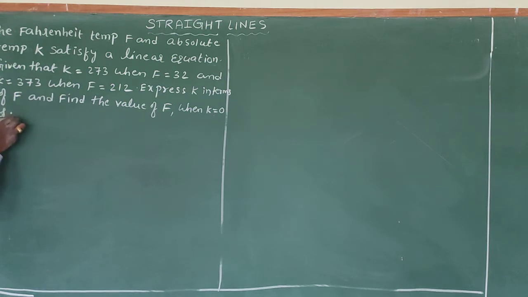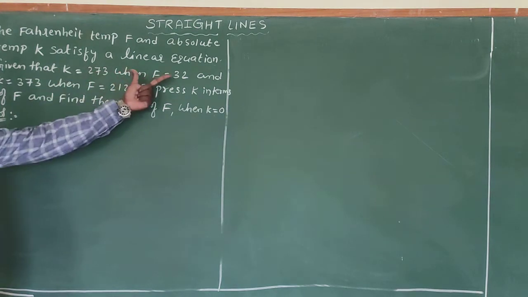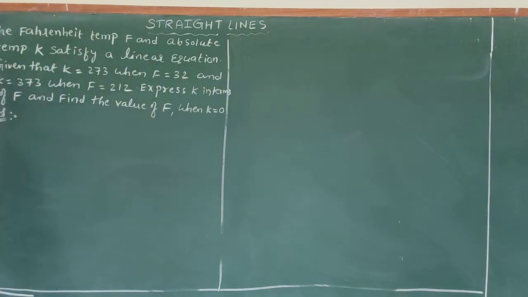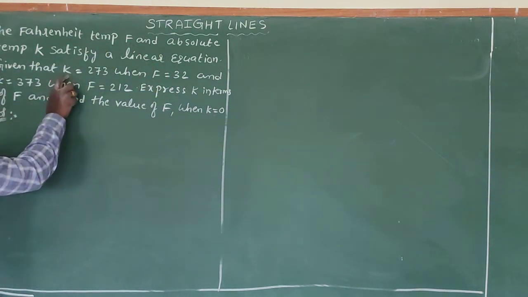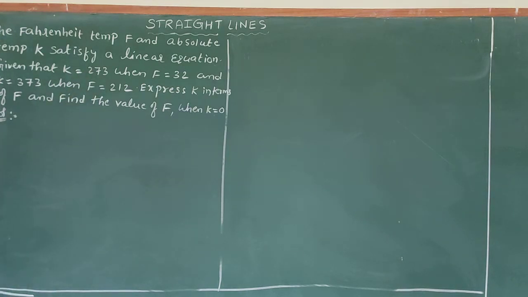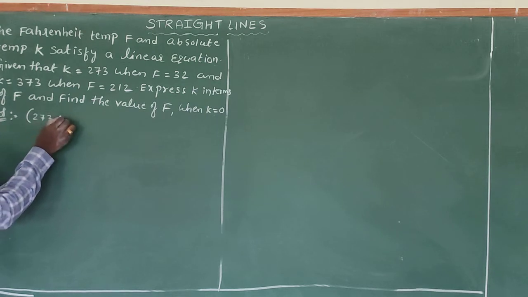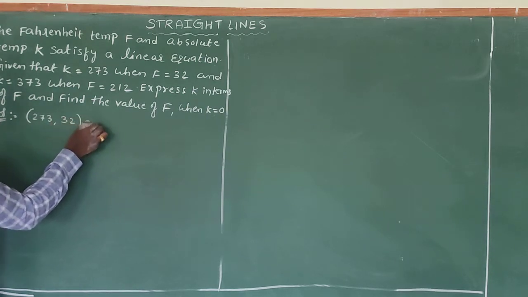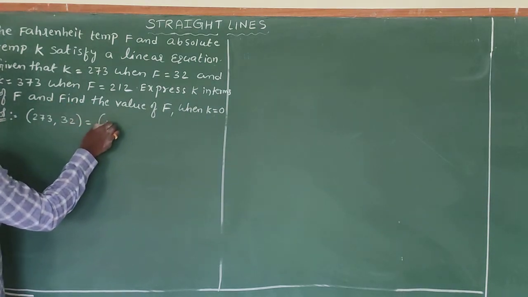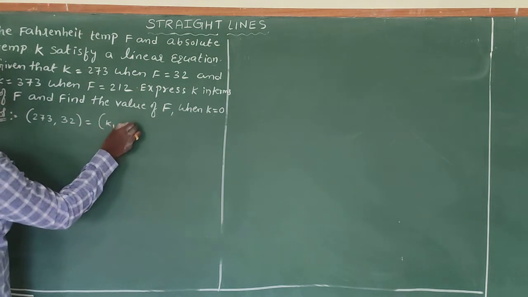First, you need to convert the given data into points. The first K is 273, F is 32. Now 273 comma 32 can be written as K1 F1.